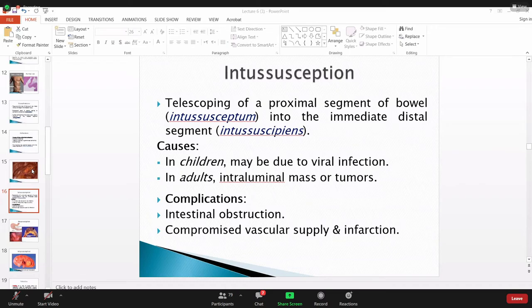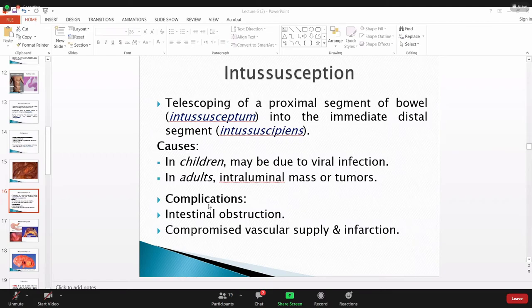Intussusception is telescoping. You know how a telescope extends and shrinks? This is intussusception. So it is telescoping of a proximal segment of bowel, the intussusceptum, which enters inside, into the immediate distal segment. Causes are viral infection in children and intraluminal masses or tumors in adults.